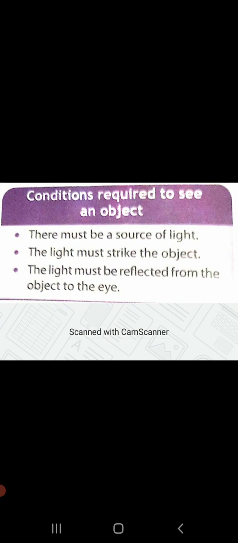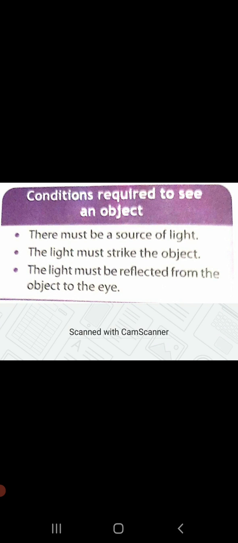Alright? So please learn and remember these conditions. There must be a source of light, the light must strike the object, and the light must be reflected from the object to the eye. These are the three important conditions which are required for us to be able to see the object.